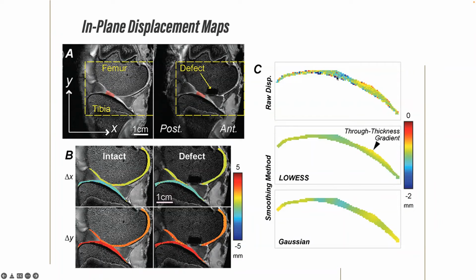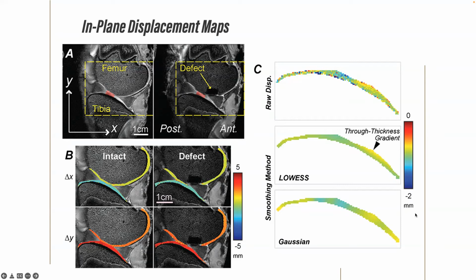Because you have the influence of noise rather than, for example, this one pixel displacing in one direction while the rest of the cartilage displaces in the other direction. Points like this are very much noise rather than the true displacement. And so the first thing we have to do is figure out a way to smooth it.